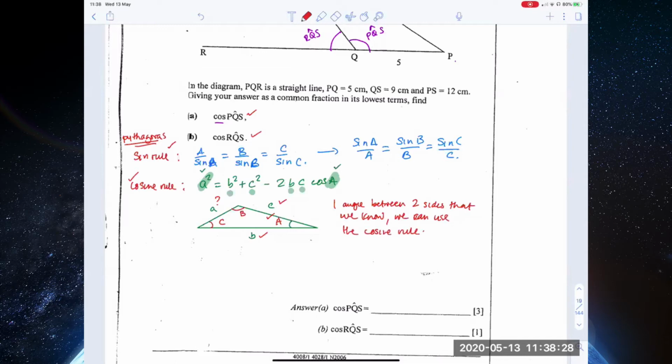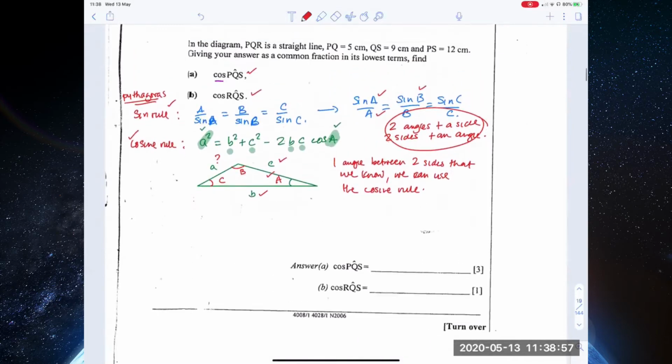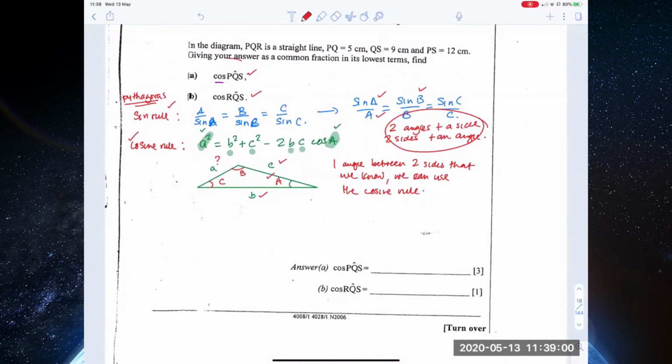But when we have at least two angles and a side, or two sides and an angle, we can also use the sine rule. So in this case, because of this cos here, we're going to use the cosine rule.